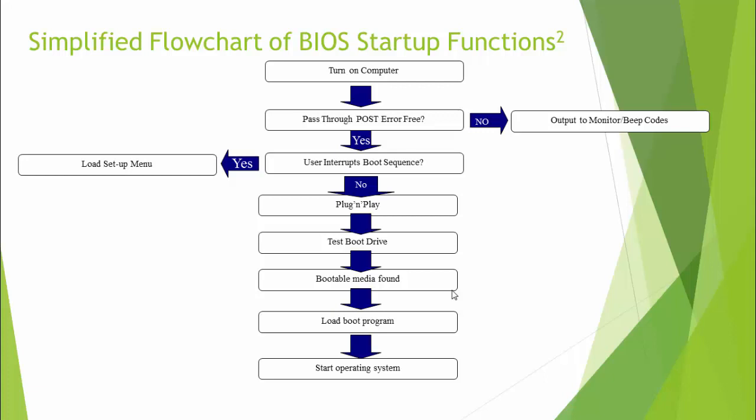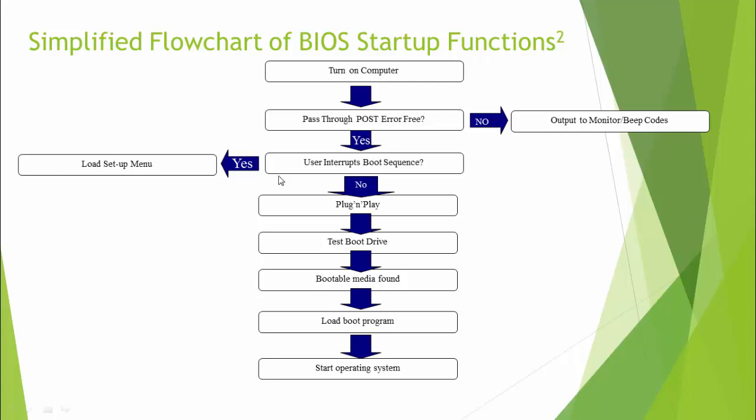So the flow chart of what the BIOS does is quite complicated, and we won't go through it all in detail. But we should keep in mind that it's a sequential process that moves through some obvious steps and some not so obvious steps to get the computer ready to give up control to the operating system.